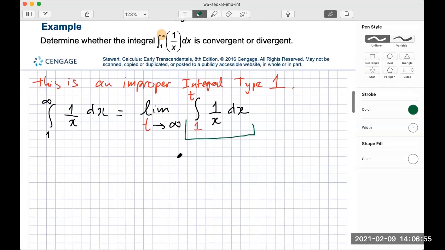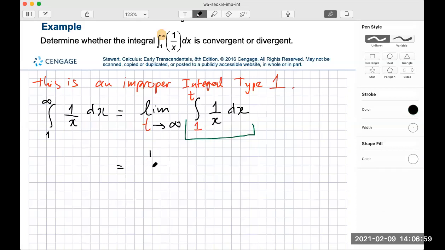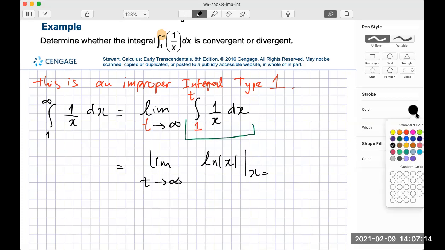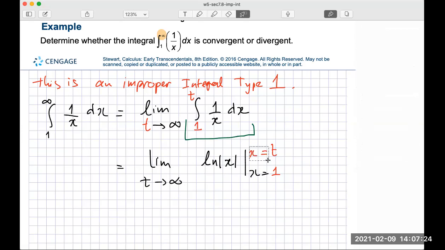Then this integral is not very difficult. And what is it? Very good, it is the natural log of the absolute value of x, evaluated at x equal to 1 to t.